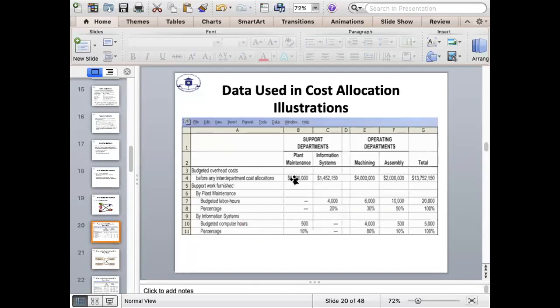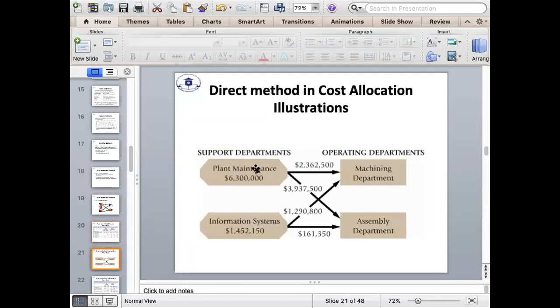We allocate this number here and here, which is the assembly department.